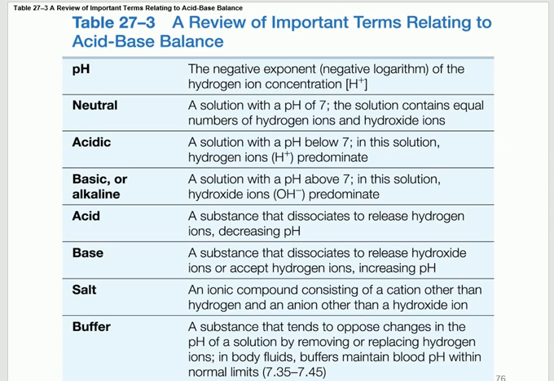So for acid and base, your point is 7. For acidosis and alkalosis, your reference is normal pH, 7.35 to 7.45. For acid or alkali, your reference is 7. Is that clear? There is a big difference, and you need to notice that.